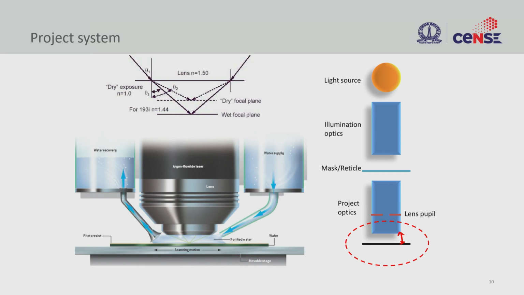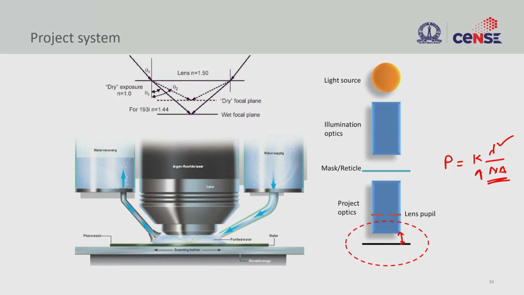This is where the numerical aperture, NA, of your projection system becomes very interesting. The resolution is given by k times lambda over NA. We have seen how to improve lambda, but now let's look at the NA. We want to increase the NA. When you increase the NA, your resolution can be better.